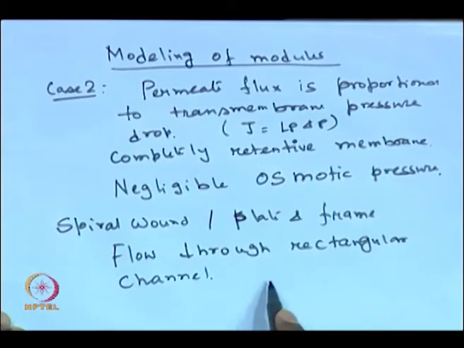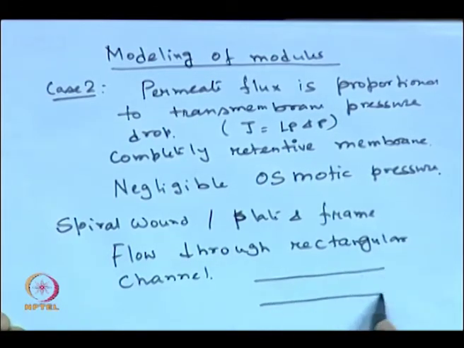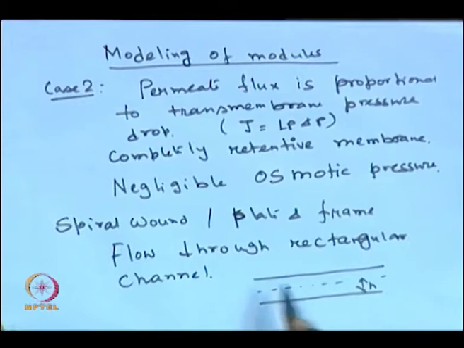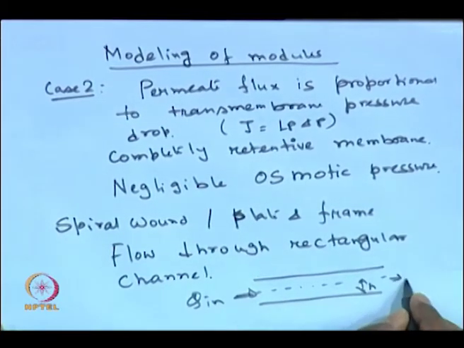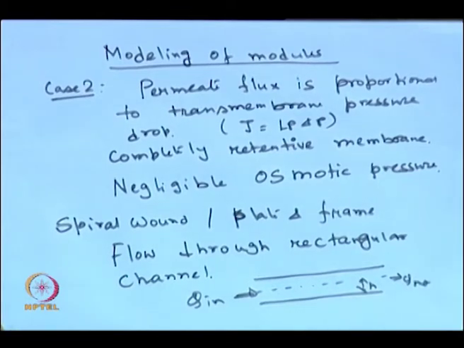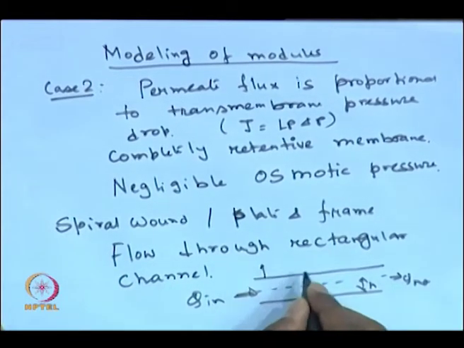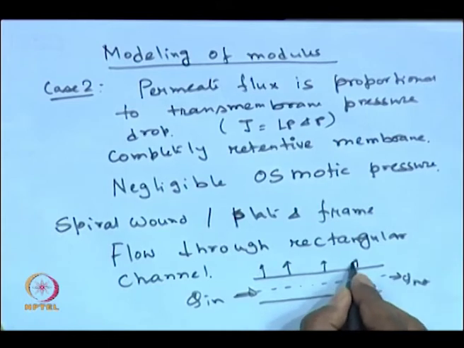Now the geometry remains the same. It's basically two channels, and let's say H is the middle of the channel. This is Q in, the material going into the system, and Q out, the flow rate of the material that is going out of the system, and you will have the presence of a membrane.